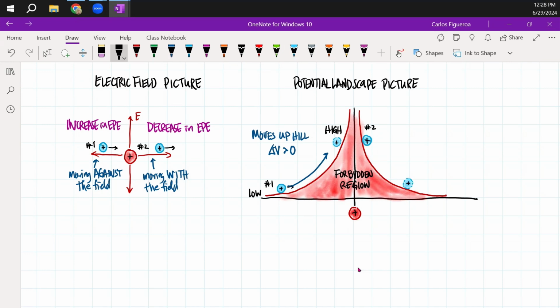And we could see here that if it's moving with the field, we're seeing this guy go from the high to the low. Once again, this is the high, and this is the low down here. So clearly in this case it moves downhill, which then tells us that the potential is now negative.